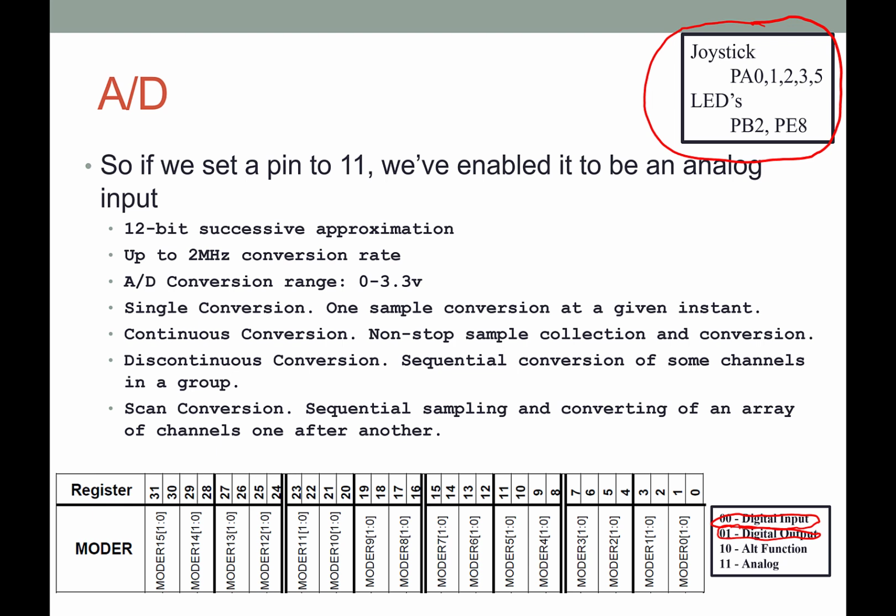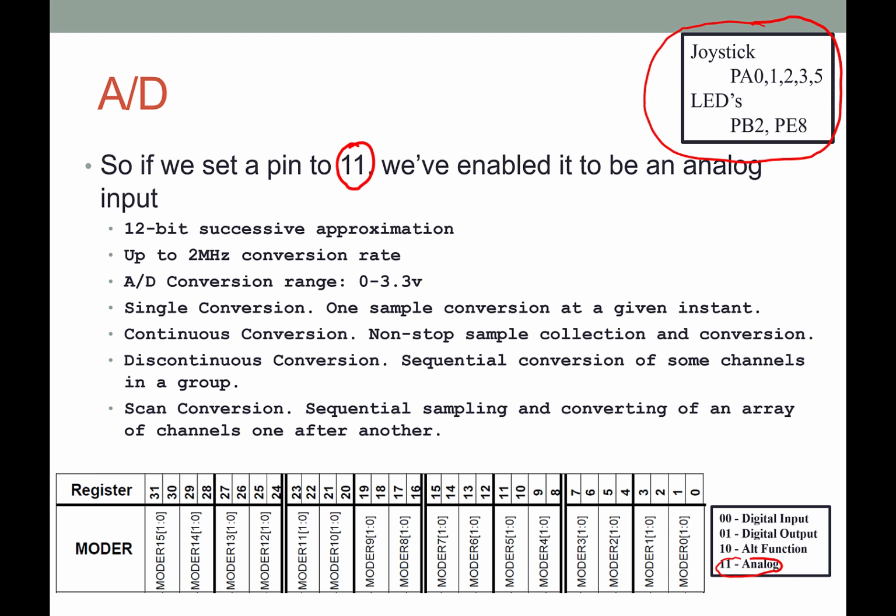But what about the other things that we have? We really haven't talked about the alternate function or the analog. Well, obviously we're going to try to get some analog signal and convert it to a digital signal, so you can guess that what we're going to use is the analog input of a pin.